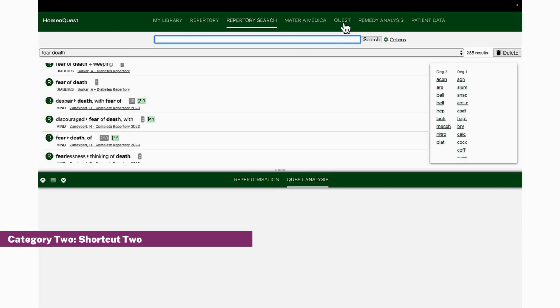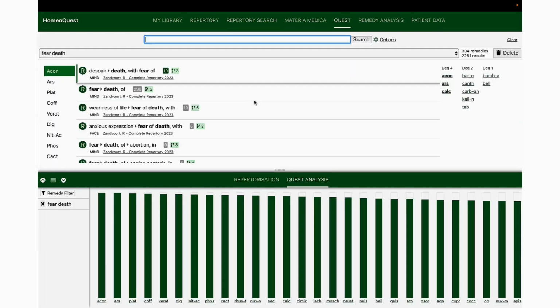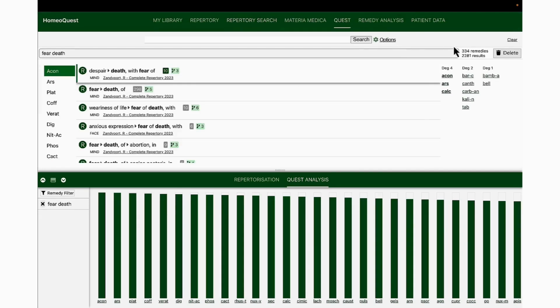So if I look into the Mathematics, which is that same rubric, we're now going to search from Quest, and we say fear of death. Now, look at that. We have 334 remedies. So Complete had 298, and we are now at 334. So there were about 50 remedies more that we hadn't had in that rubric.